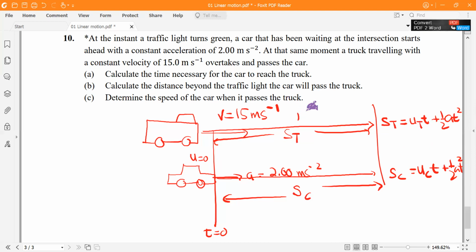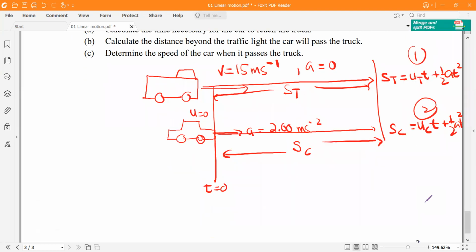For the truck, the acceleration is 0, but for the car, the acceleration is 2. Like what you did in question 9, you can substitute the information into these two equations, equation 1 and equation 2. We understand that the distance traveled ST is equivalent to SC.